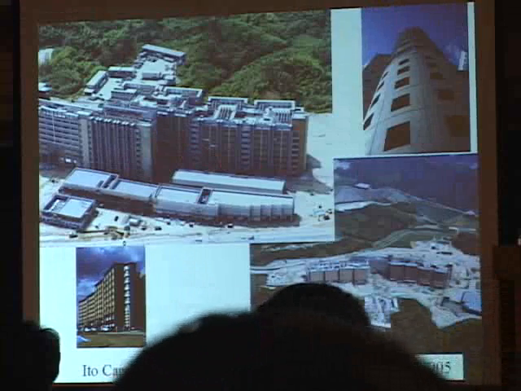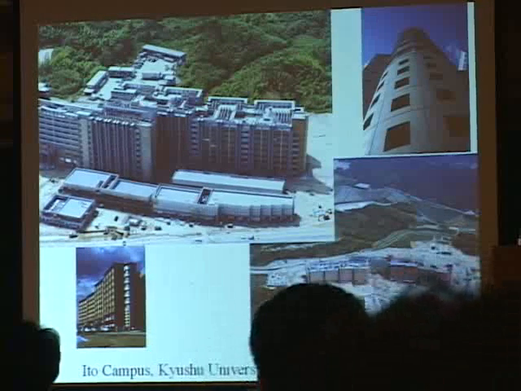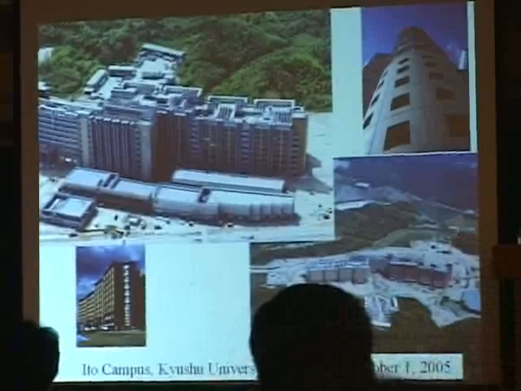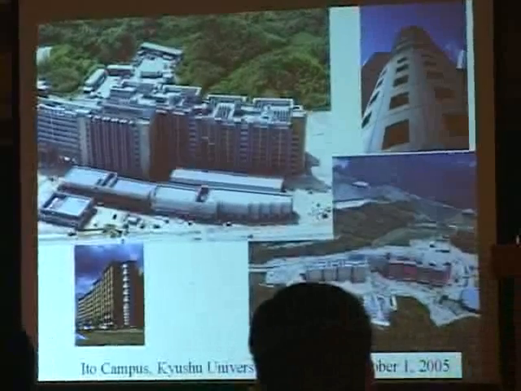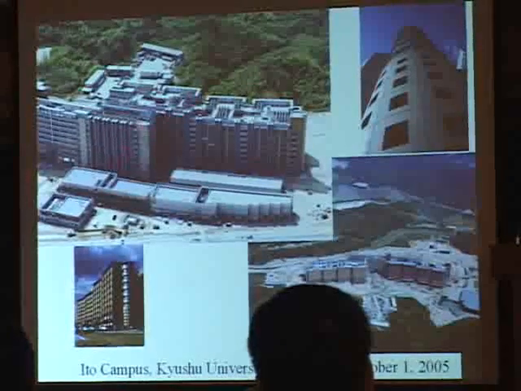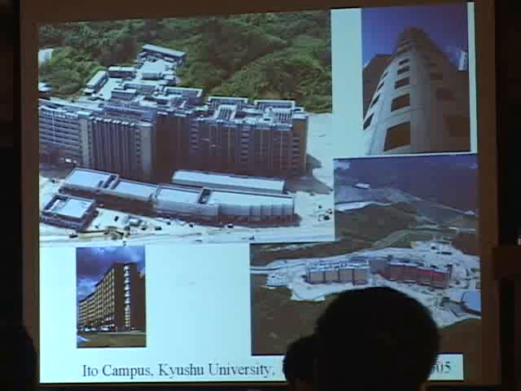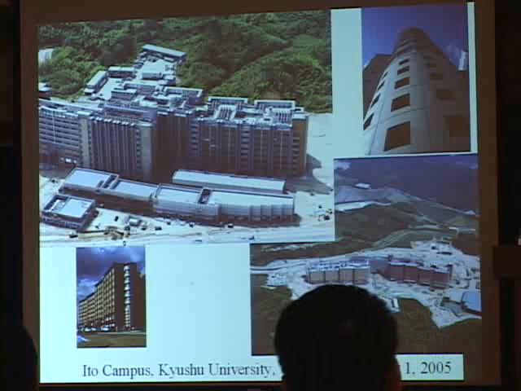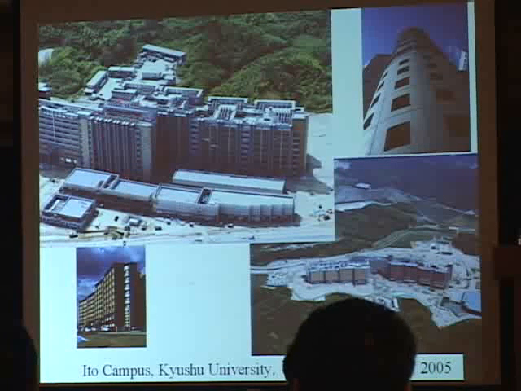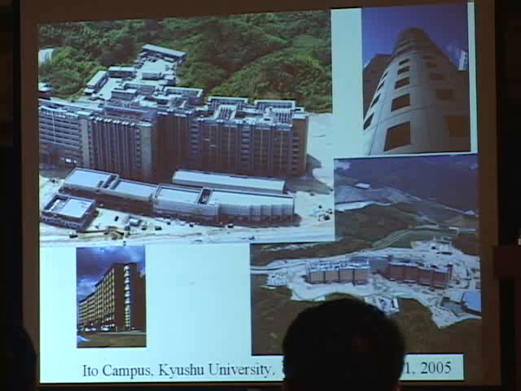Last year, half of the faculty of engineering moved, and the other half will move this October. This is a total picture of the new buildings for the faculty of engineering. The chemistry department is located in this area.